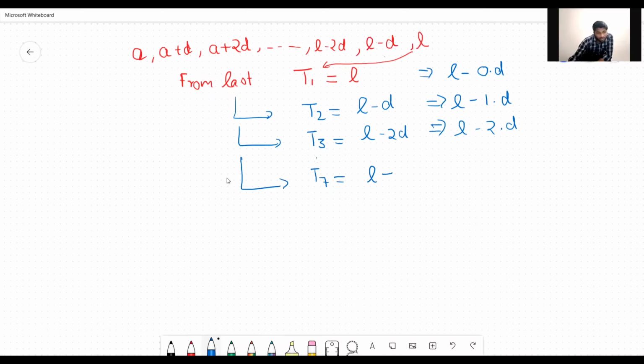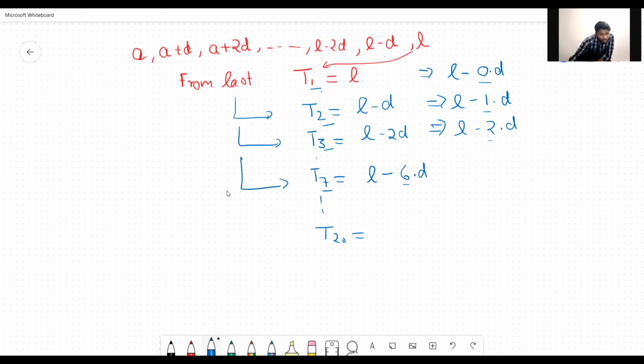L minus 6 into D. Why? You are seeing the difference of 1. If there is 1, we will write 0. If 2, we will write 1. If 3, we will write 2. It is 1 less than the number present with T. So if there is 7, we will write 6.